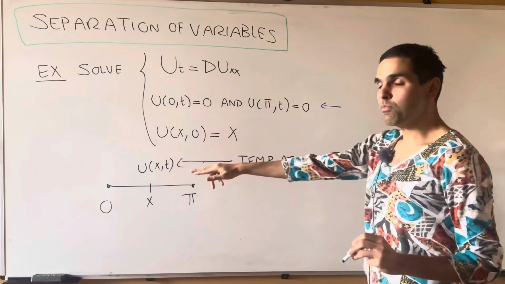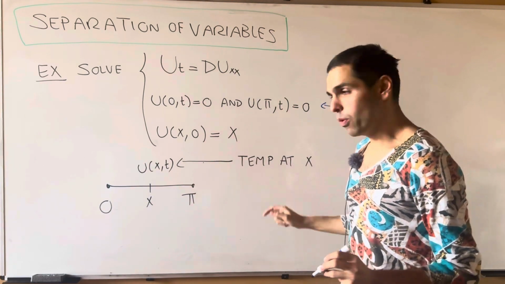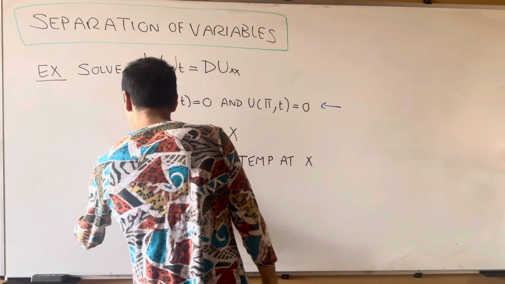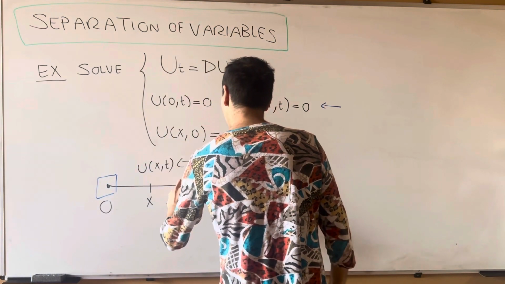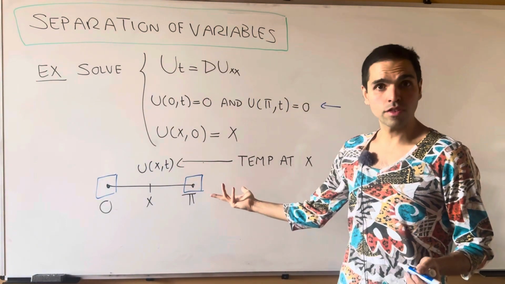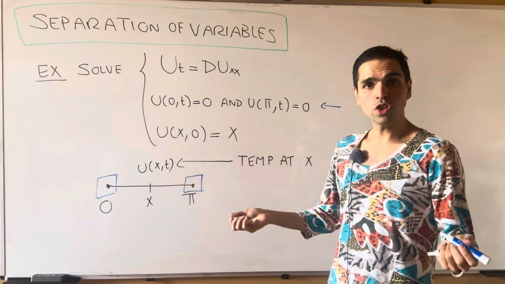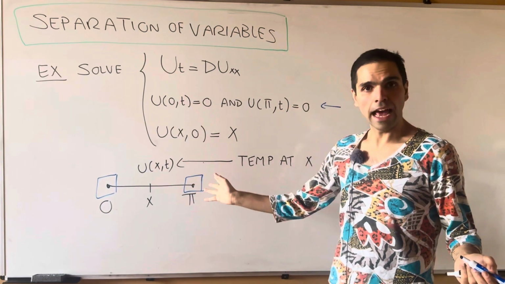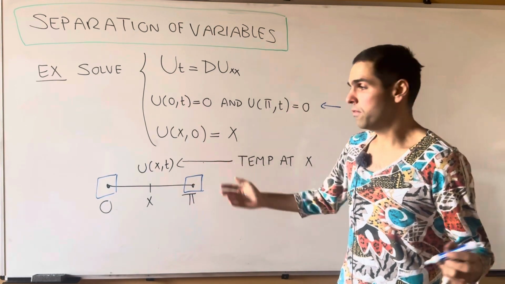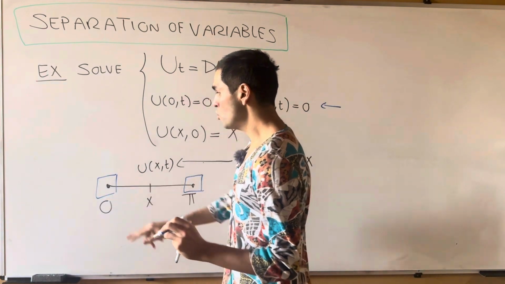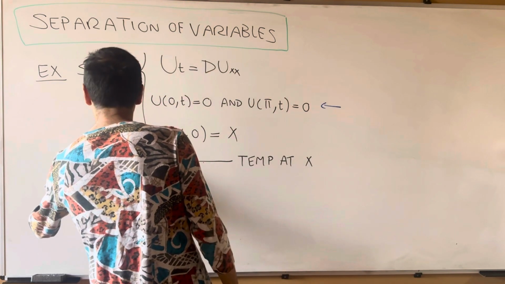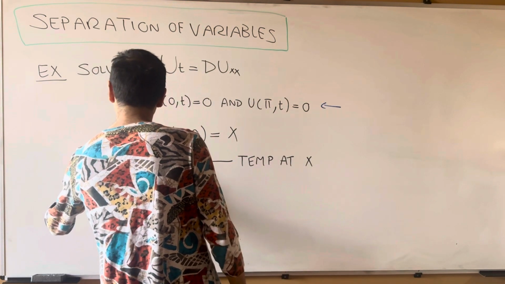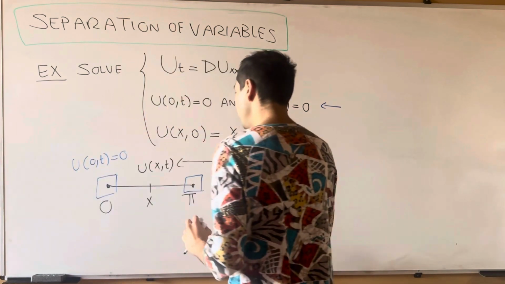And what this means is on the left point and the right point, in other words, at 0 and pi, we're putting ice cubes in such a way that the temperature at the endpoints is always 0. So we assume the temperature at 0 is always 0. That's what u(0,t) equals 0 means.